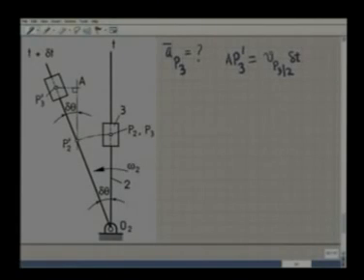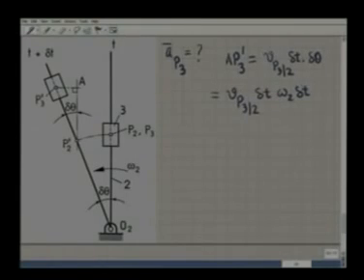So, this is the movement P2 prime to P3 prime, and this angle is delta theta. So, into delta theta, which is equal to Vp32 delta t, and delta theta is nothing but omega 2 into delta t, because it is rotating with constant angular velocity omega 2.